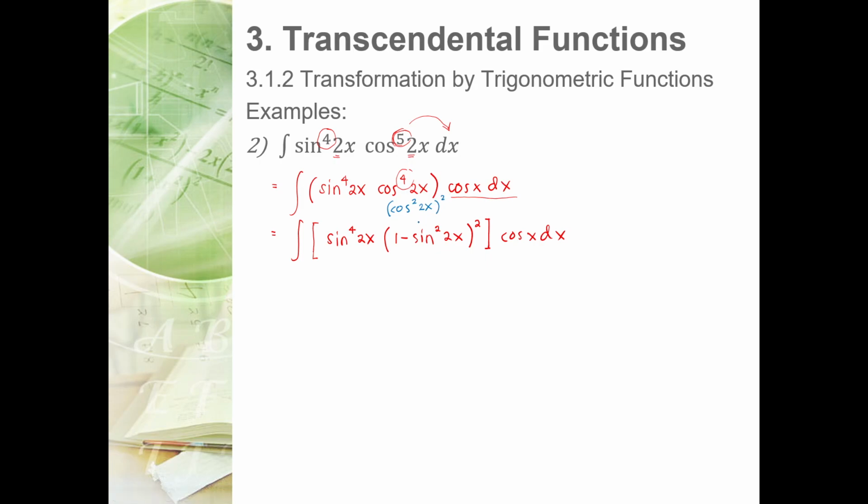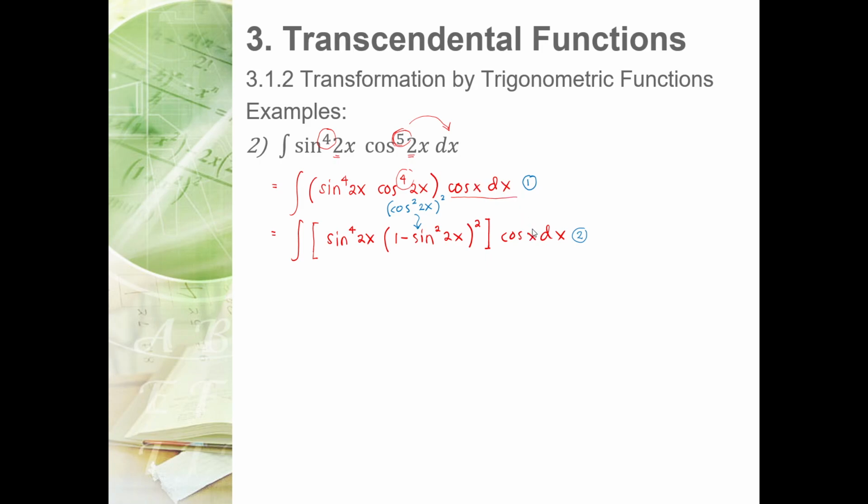Then we replace this one with the corresponding Pythagorean identity. So that's it. This is the first step, factoring out. The next step is replacing it with the corresponding Pythagorean equation.